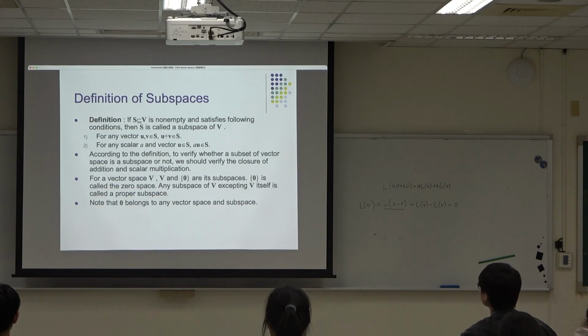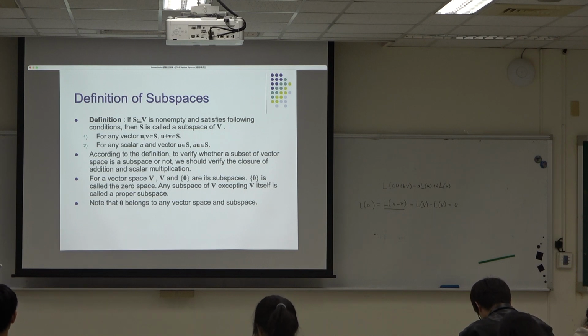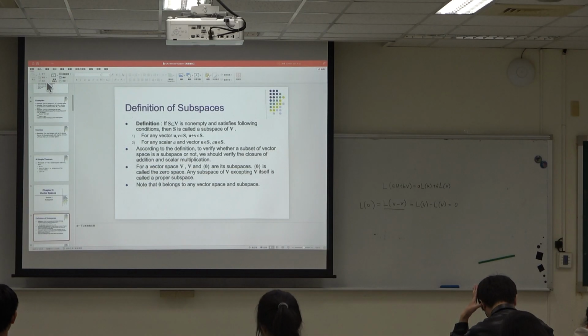For any vectors U, V in S, U plus V is in S. For any scalar A and vector U in S, AU is in S. So there are actually three rules. First, the subspace cannot be empty. Second and third are listed here. I just want you to remember the subspace definition.